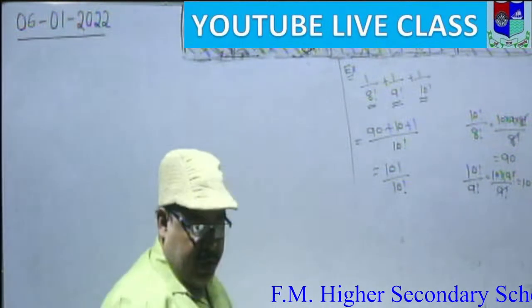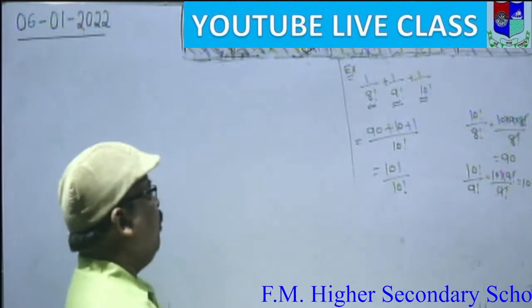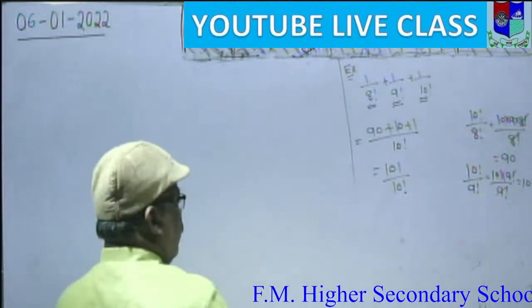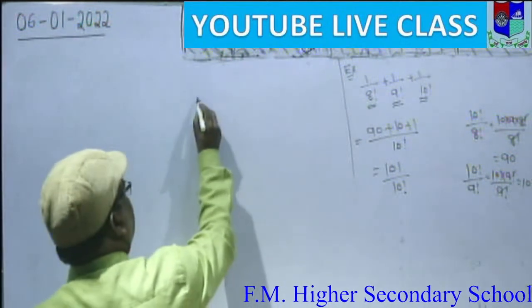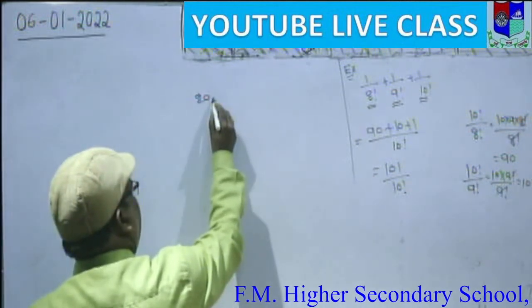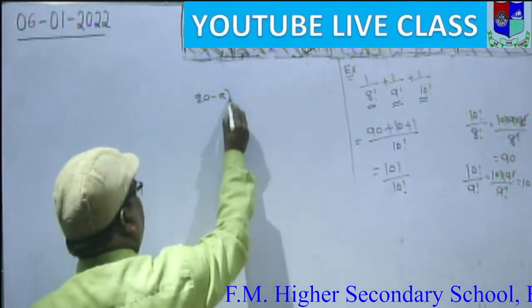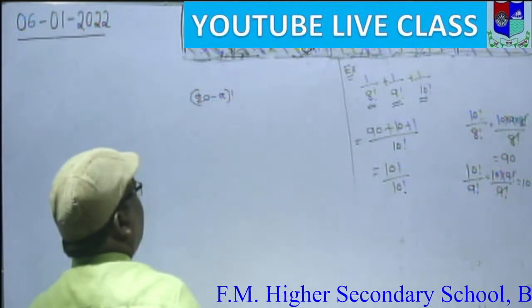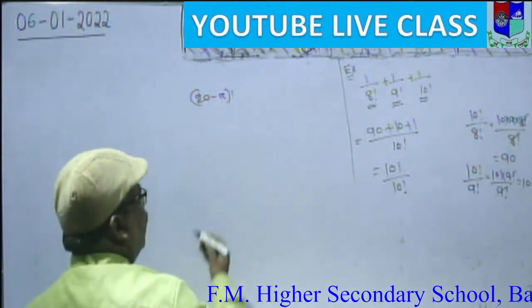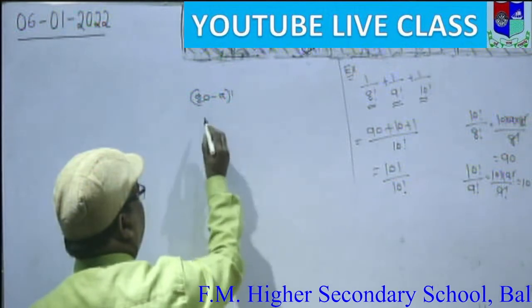Before going to permutation, I want to say one thing about factorial, like 20 minus r factorial. How can we reduce this 20 minus r factorial?